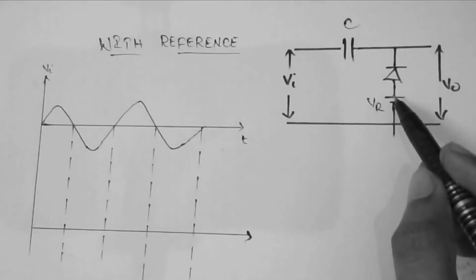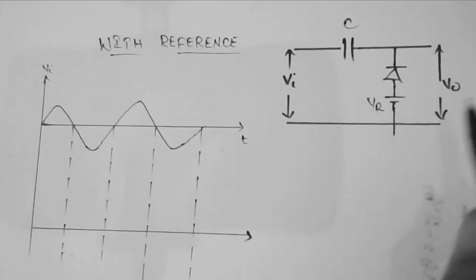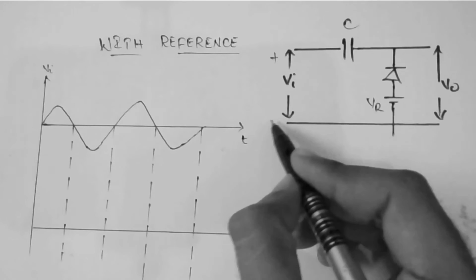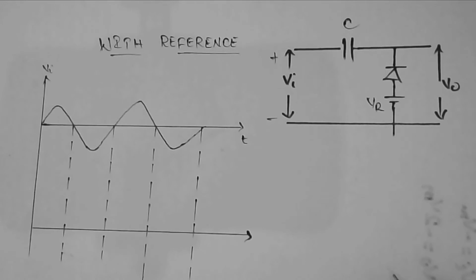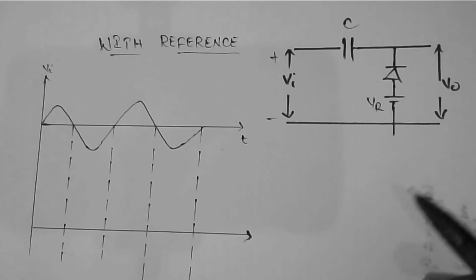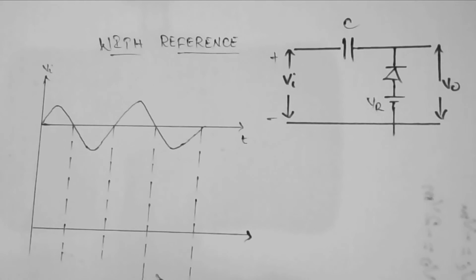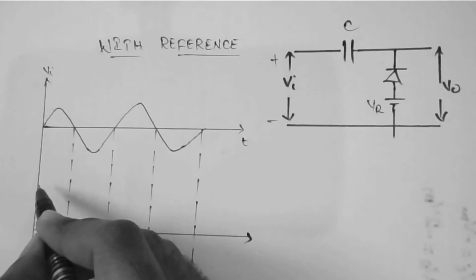So this circuit is a positive clamper circuit, as the positive terminal is connected to the cathode and the negative terminal is connected to the anode. So when it is biased externally with the reference voltage, the negative peaks are clamped to VR.